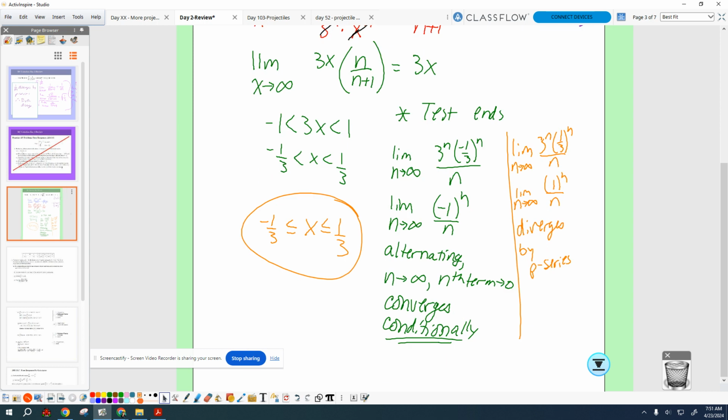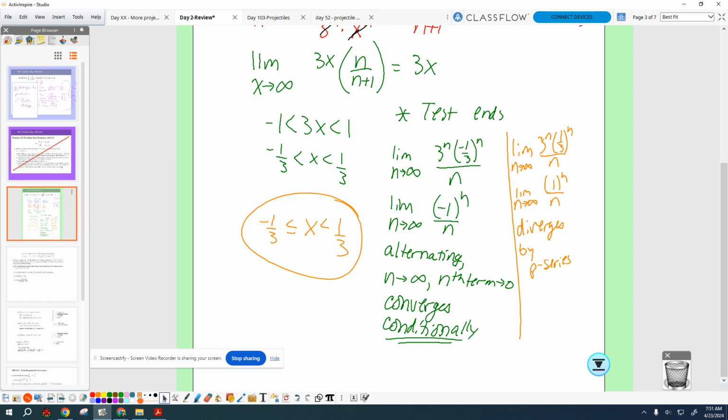So we get that we're testing these two. I wrote the answer wrong: positive 1/3 does not work. Interesting. So for negative 1/3, we ended up with an alternating series.